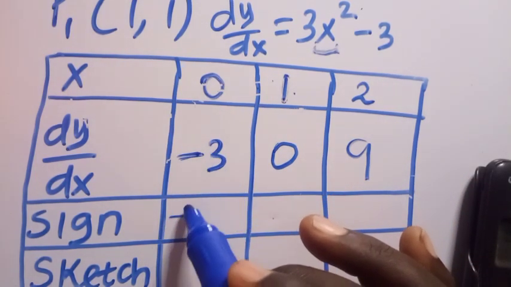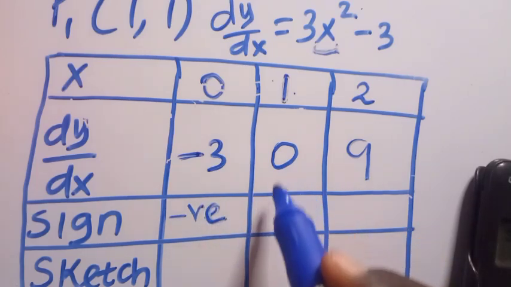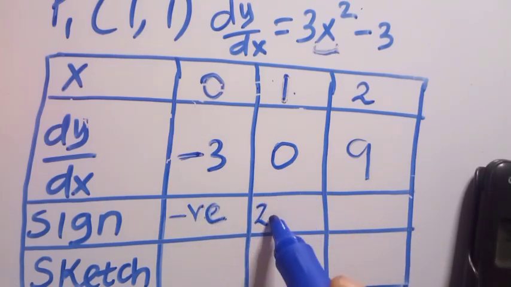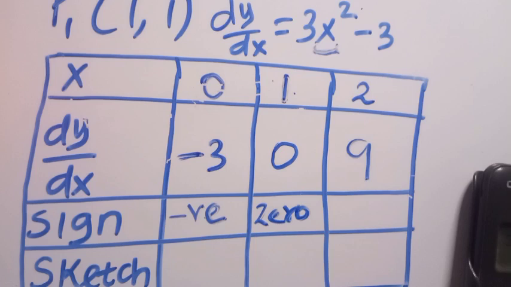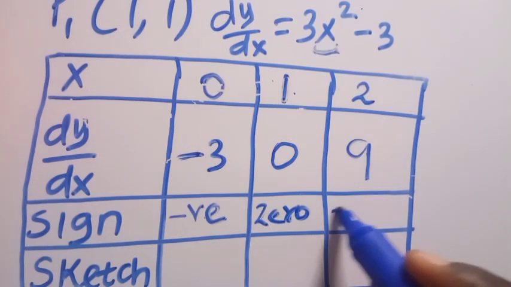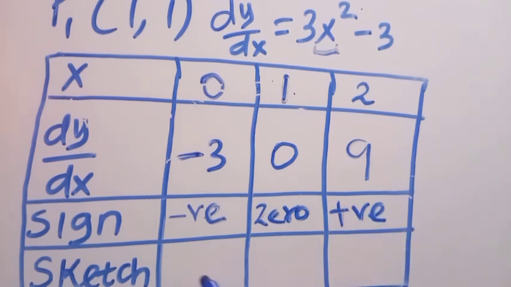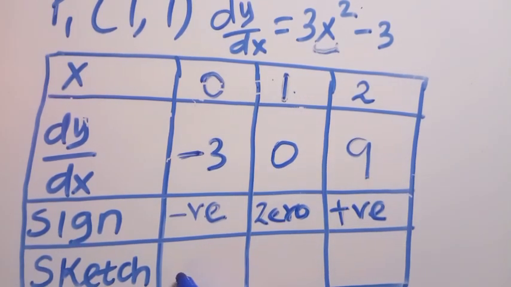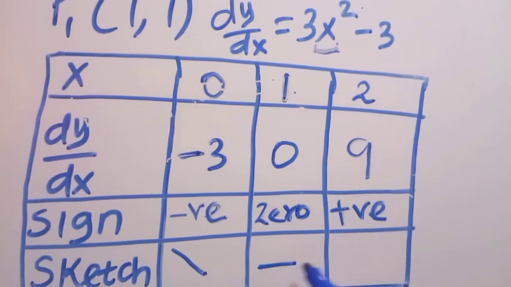Therefore, this is negative. Then this is 0. Then 9 is positive, therefore this is positive. Now, in this case, this is negative, this is 0, and this is positive. Therefore, this is a minimum point.